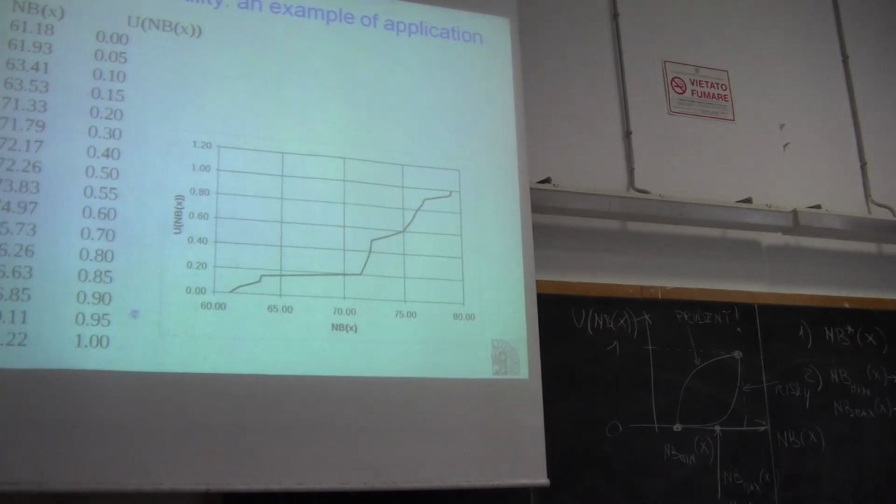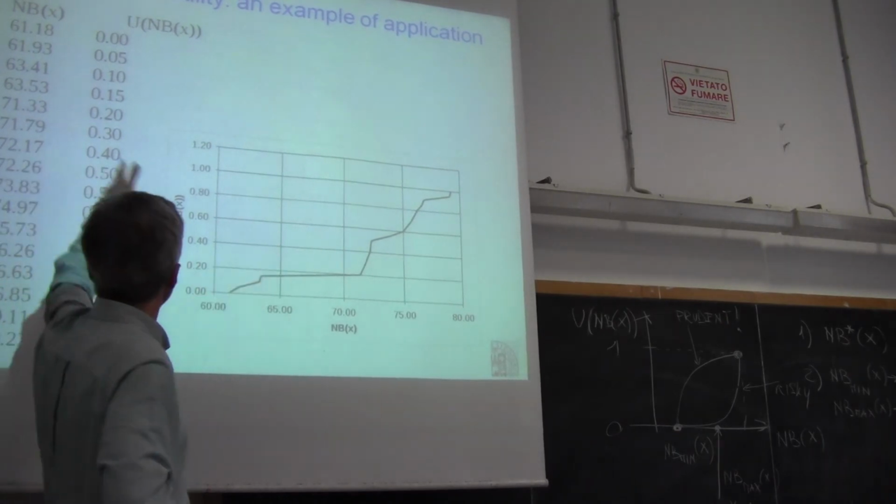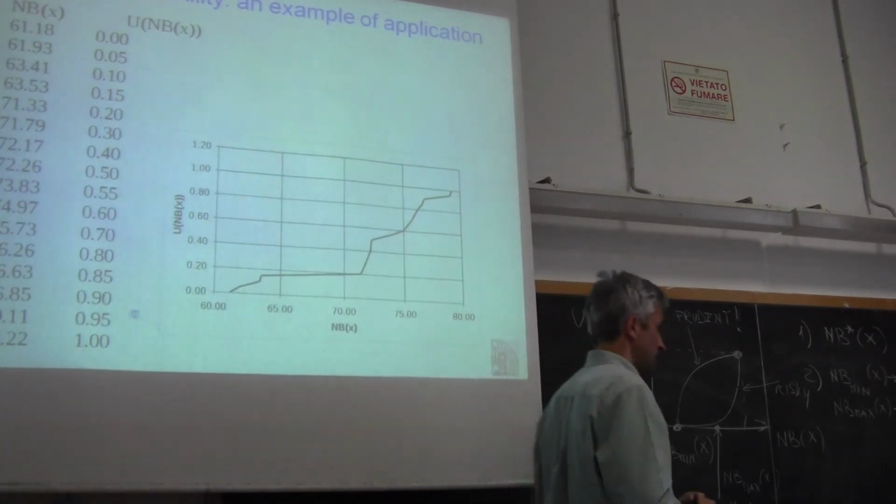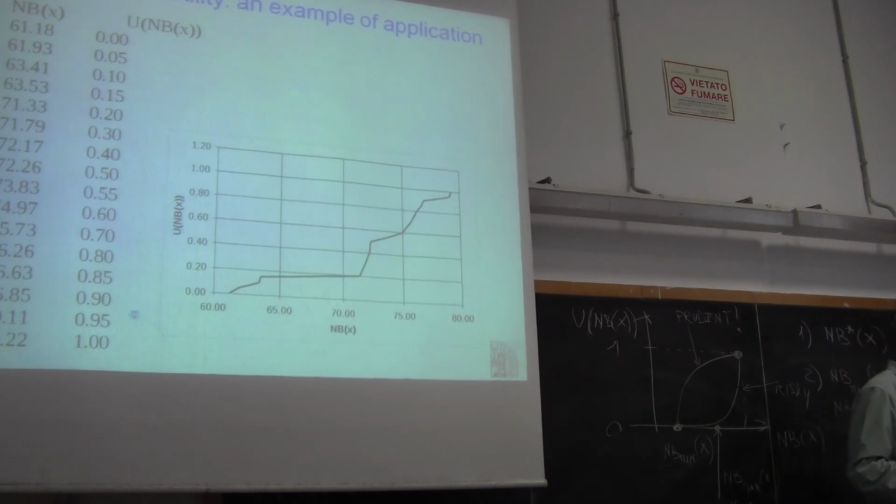I think the minimum is the upper one, which is 61.18, and the maximum is the last one. So let's suppose that this is the utility. As I said, I just went by chance. I gave 0 to the minimum, I gave 1 to the maximum, and it was a not decreasing function, so that's fine. Okay? And then I can assign a utility to each one of these benefits.